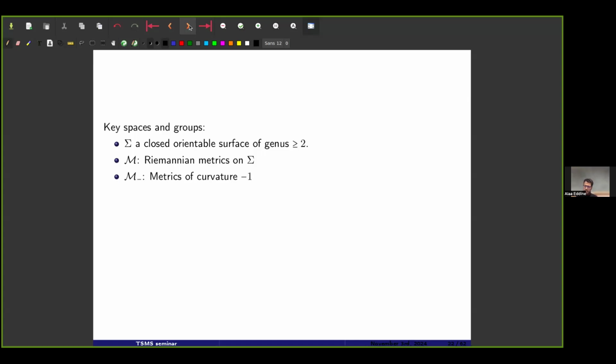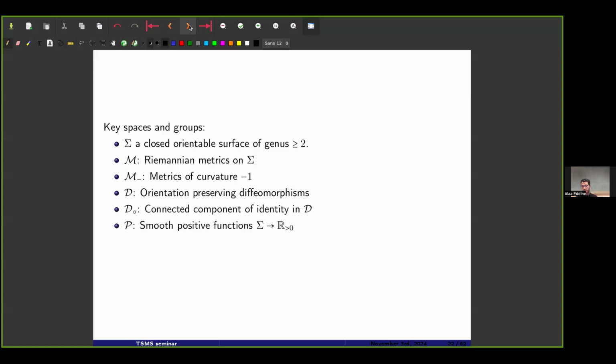Everything here is smooth, we take smooth metrics, and we will take the connected component of the identity in the group of orientation preserving diffeomorphisms, and also the group of smooth positive functions. And we will see why we are taking all of this.